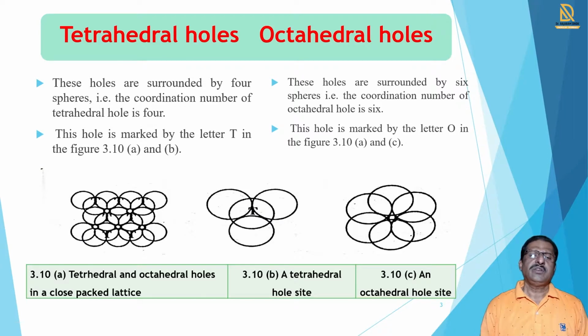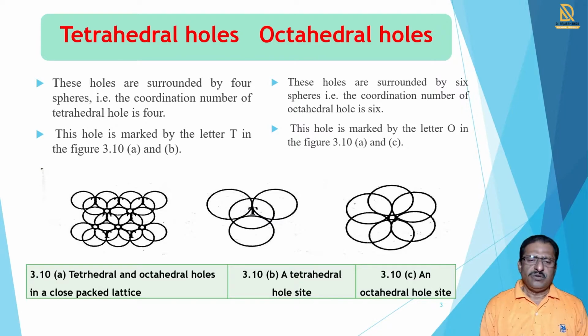So we see what is a tetrahedral hole and an octahedral hole. What is the difference between the two? The tetrahedral holes are surrounded by four spheres, so the coordination number is 4, and they are arranged in a tetrahedral arrangement.